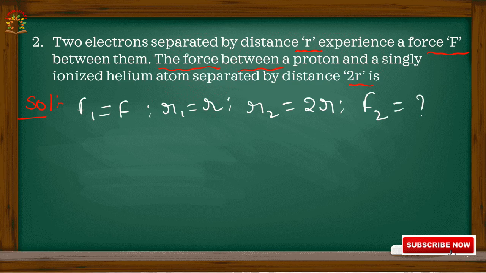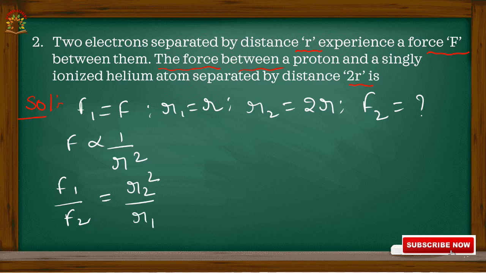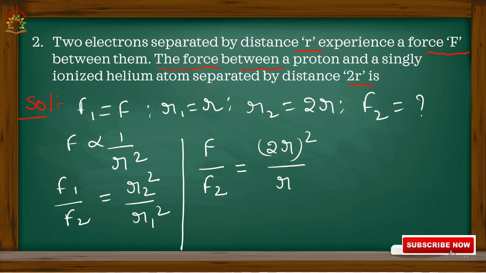From Coulomb's law, F is inversely proportional to the square of the distance between them. From this, we write F1 by F2 is equal to R2 square by R1 square. Substituting F1 as F, R2 square as 2R whole square and R1 square as R square, F by F2 is equal to 4R square by R square.